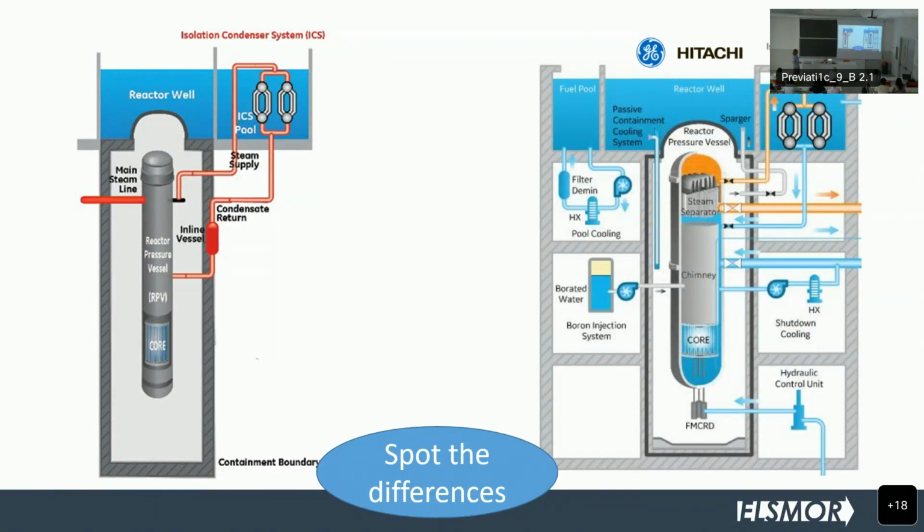There are some auxiliary and other systems pictured that are not shown here. This was supposed to be showing all the safety systems. But can you spot a safety system here on the right, in the new picture, that's missing on the left one?